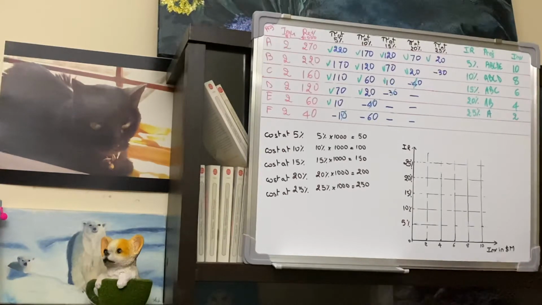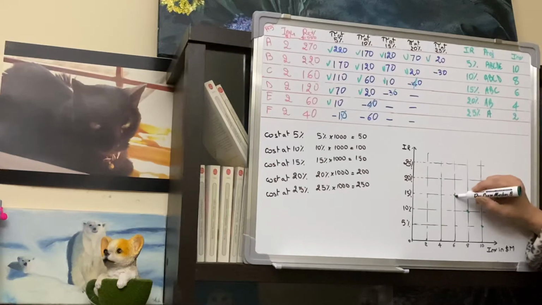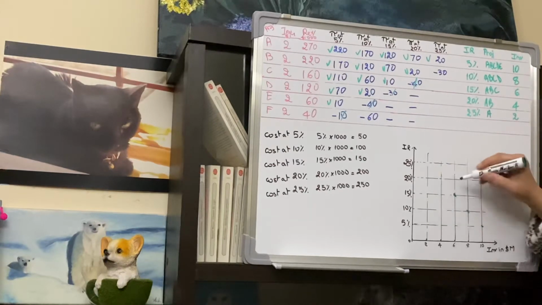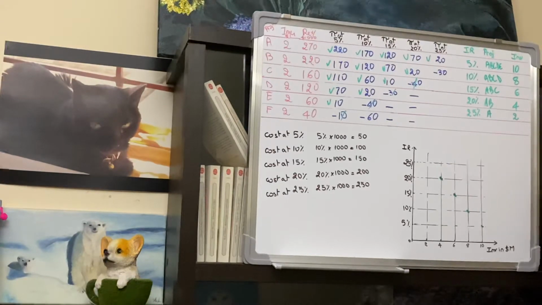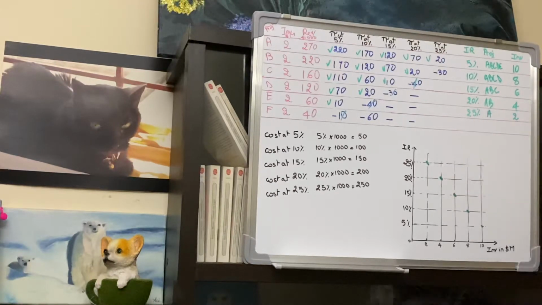Now I'm going to plot the demand curve, the demand for investment curve. It's going to be a straight line going through 5%, $10 million, 10%, $8 million, 15%, $6 million, 20%, $4 million, and then 25%, $2 million.